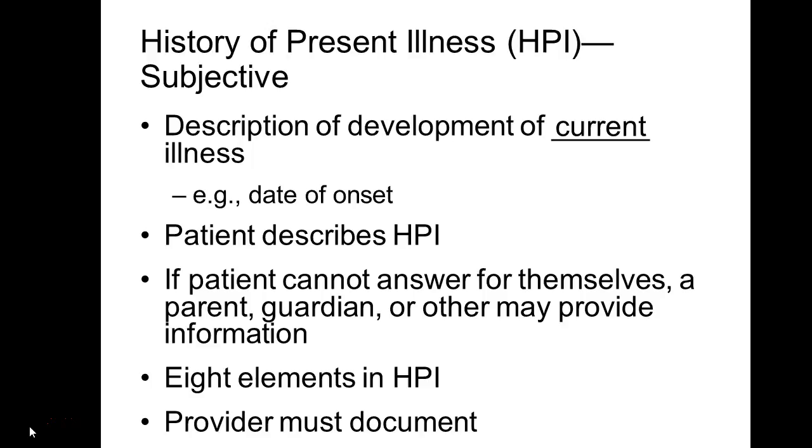And the other thing is that sometimes people just haven't noticed something, but someone else has. For instance, it's not that the patient can't answer for themselves, but they haven't noticed. Maybe you have a 6-year-old that's had a growing spot on their back. Well, if they're not looking at their back in a mirror, they're not going to notice it. So mom or dad or guardian might have noticed it and then gives the different portions.